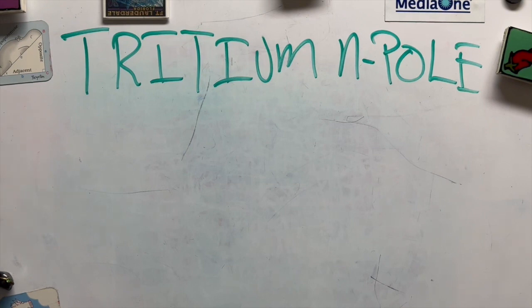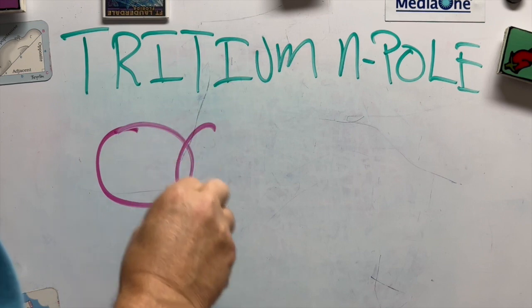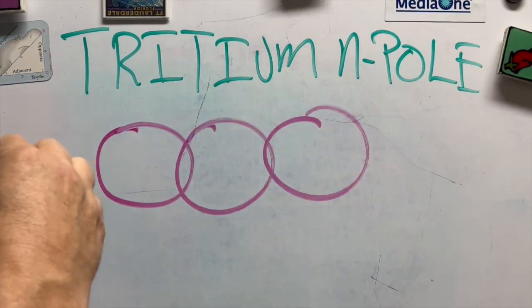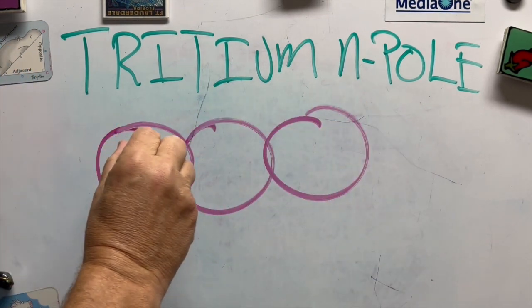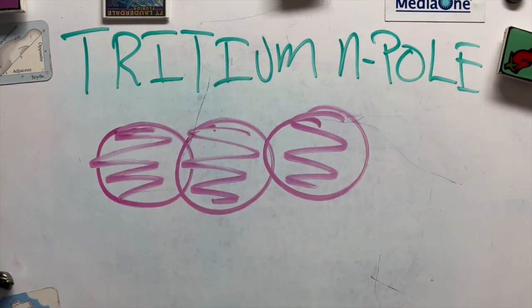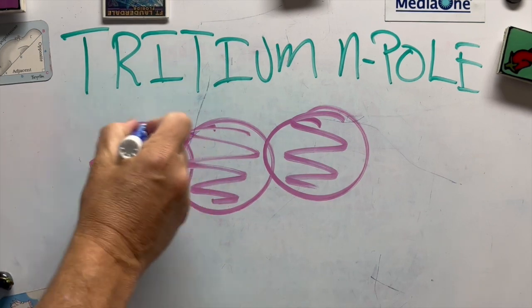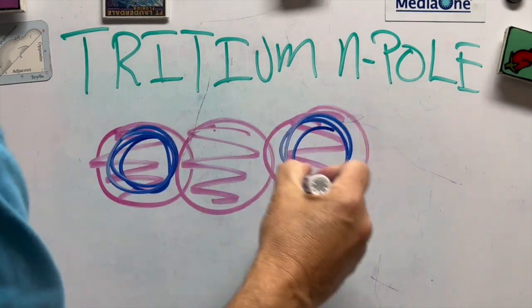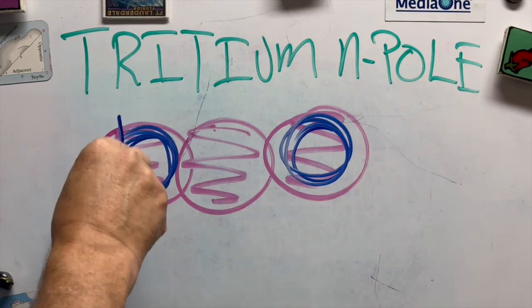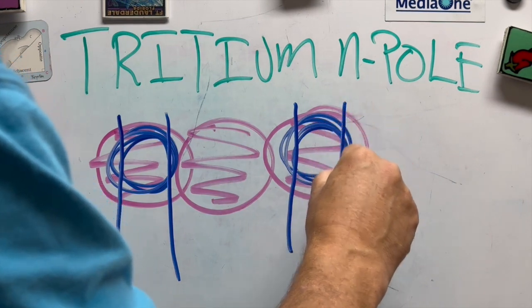So what's going on? Well, my idea is this. The tritium forms a strong N-pole of some kind. So here we draw the three of them: 1, 2, 3. And we put electron orbitals in those, which will make an electric multipole like this.